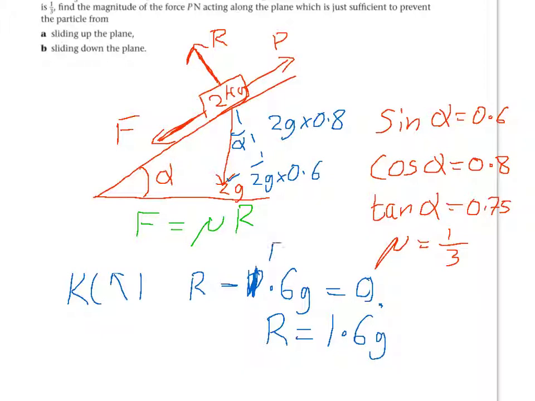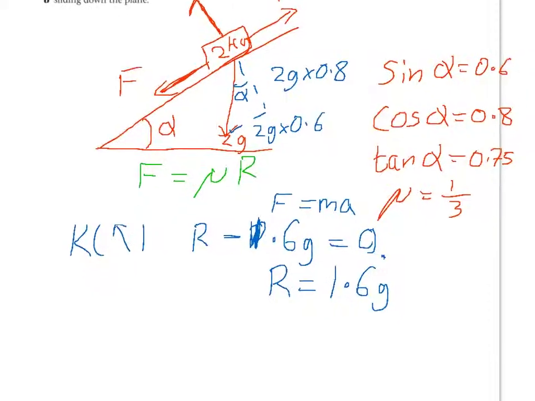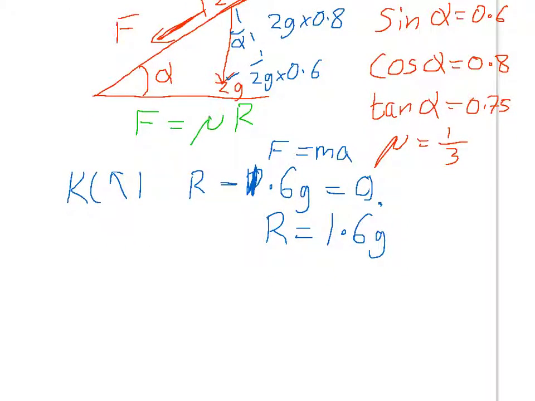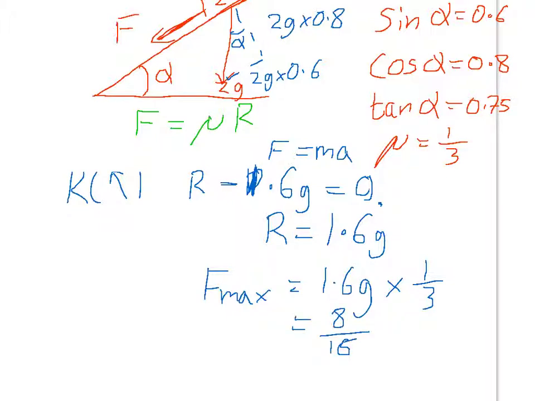Remember, this has come from the fact that we used F equals ma. Now, we know the normal reaction, we can find out what the friction max is equal to. So friction max is equal to 1.6g times a third. Now if you pick your calculator up and do that, you'll find that it's 8/15 g.